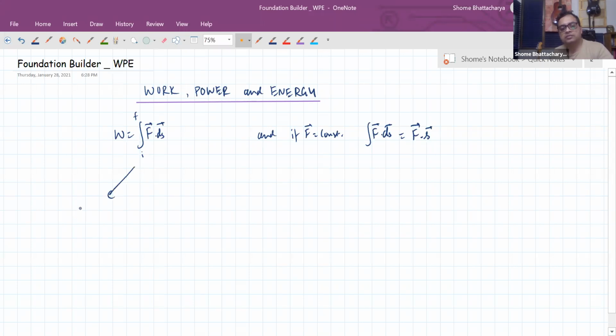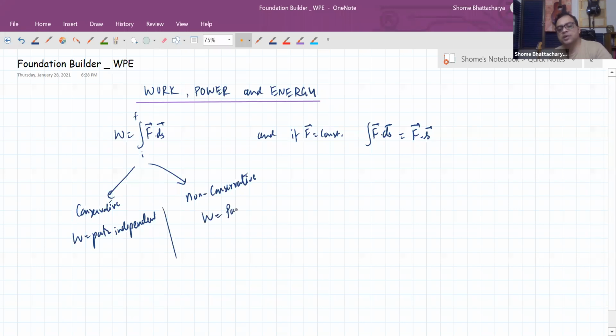And we saw conservative forces versus non-conservative forces. Conservative forces are the ones where the work done is path independent, and for non-conservative forces, the work done is path dependent.